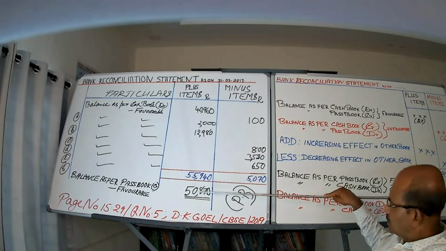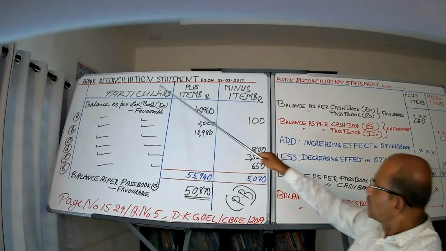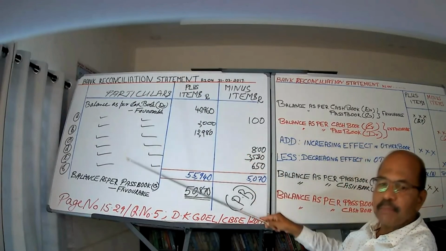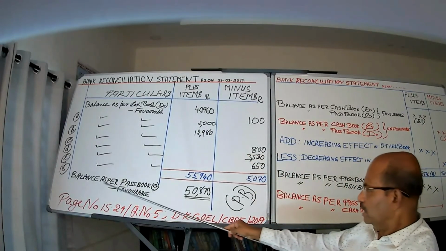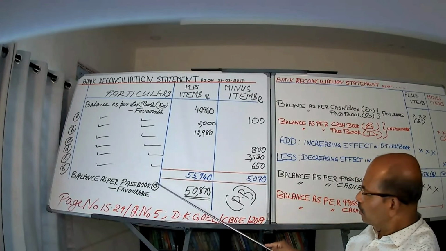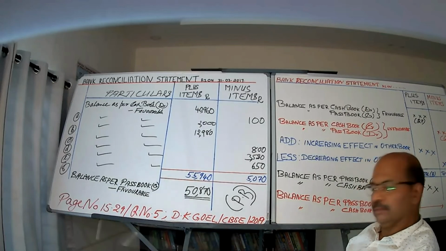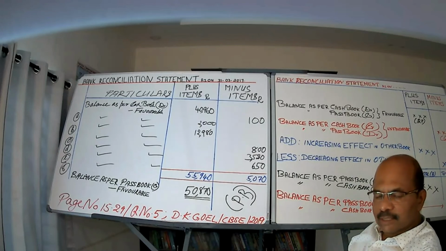This is my answer, 50,870. Since I started with the balance per cash book, what is expected is the balance per passbook. Balance per passbook, credit, I'm showing. Even if you don't know whether credit or debit, don't make it debit. That will be suicidal. At least show favorable. That's all in the sum. We have concluded this sum.